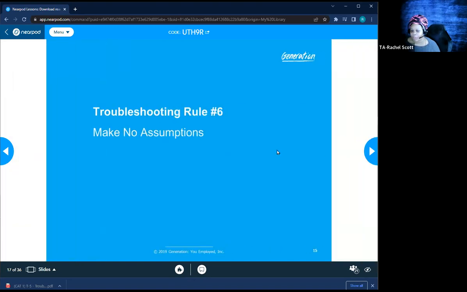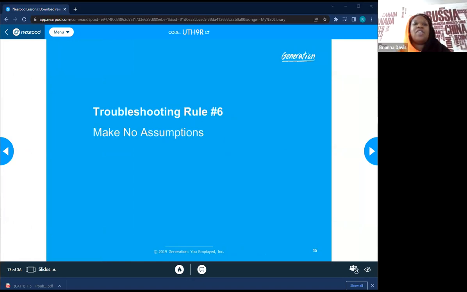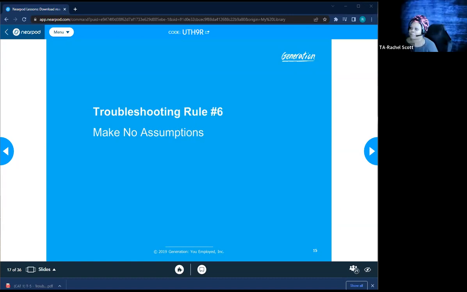Troubleshooting rule 6, make no assumptions. What's the problem with making assumptions? It could be easy to overlook something if you already think you know what it is. Absolutely.